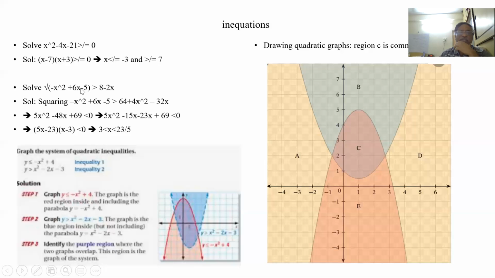So again this equation. When I am squaring both sides, I am getting a quadratic equation. In the quadratic equation, the roots are 23 by 5 and 3. So less than 0 means that in between these two roots, the y value is less than 0. So these are all inequalities. The whole zone will come into the picture.